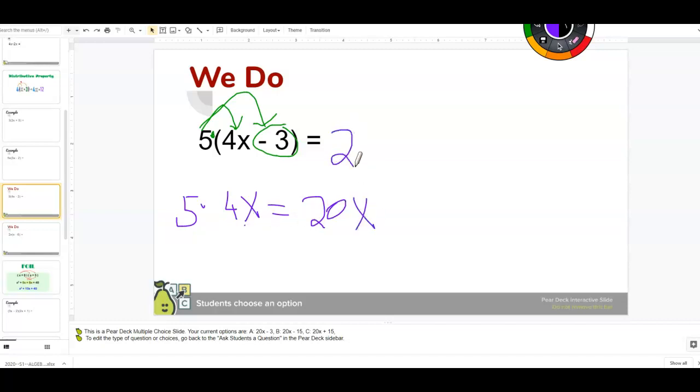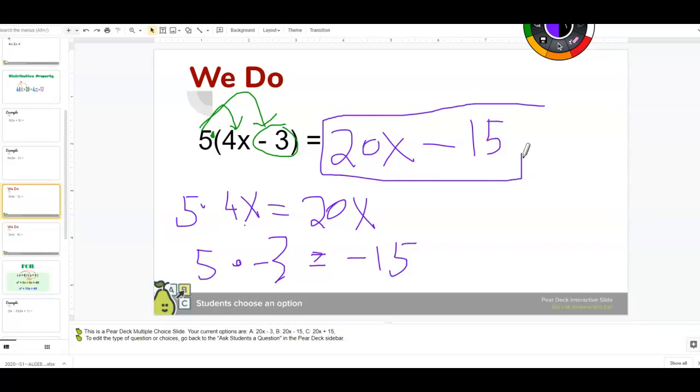So it's 20x. Second arrow, 5 times negative 3. Number times each other is negative 15. No x, so it's negative 15. Okay, next one.